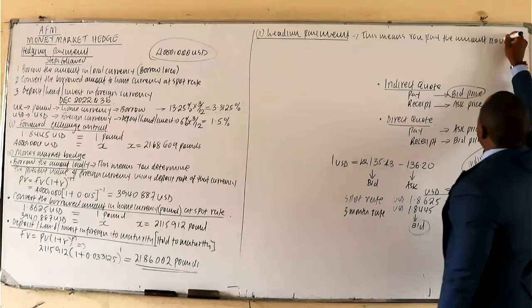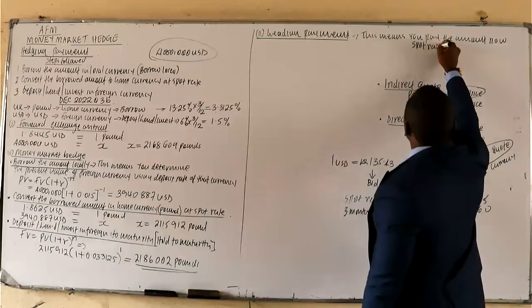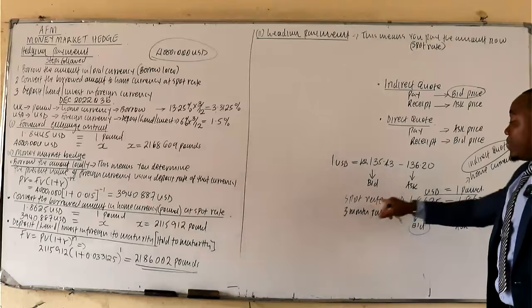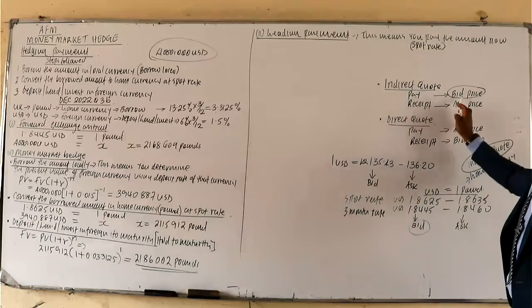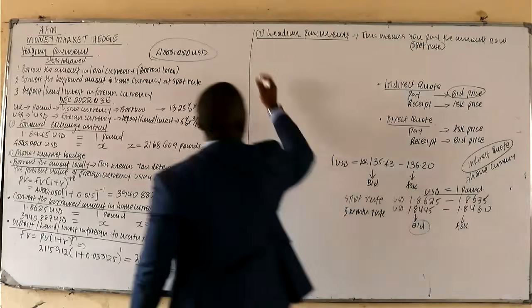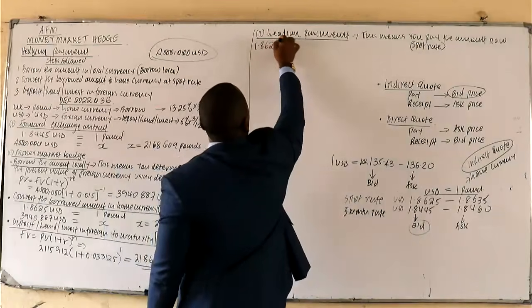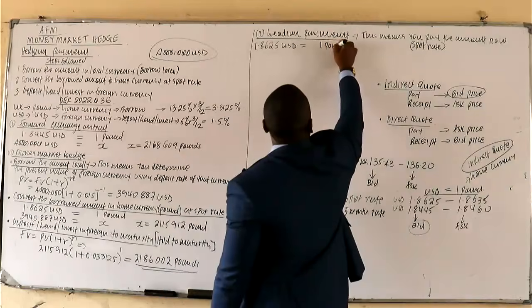If you're paying now, you are paying at spot, so you use the spot rate. And remember, we are using the bid price since it was a direct quote and you're making the payment. At spot rate, we have 1.8625 USD is equivalent to £1.